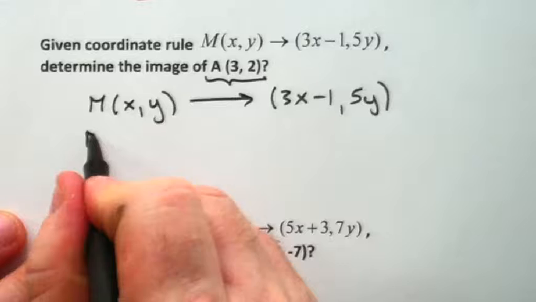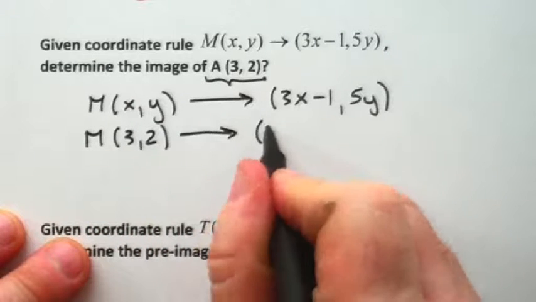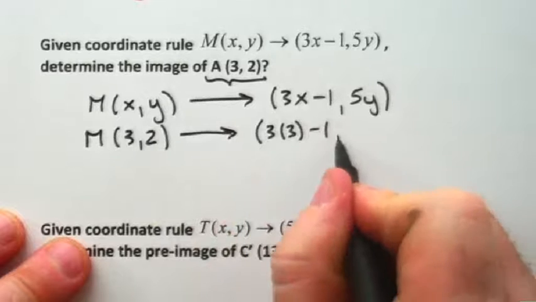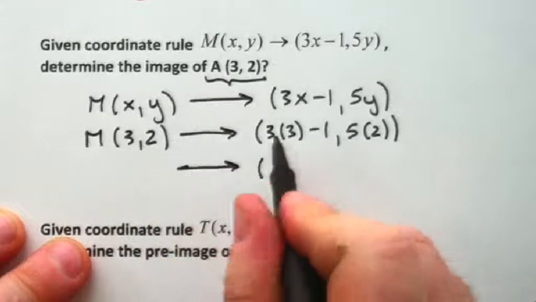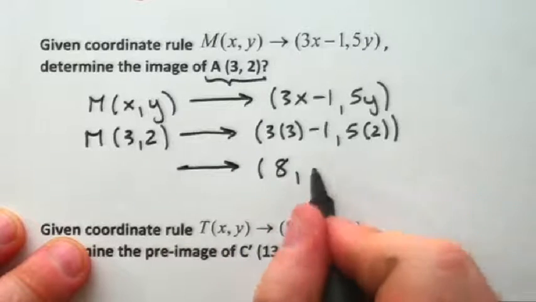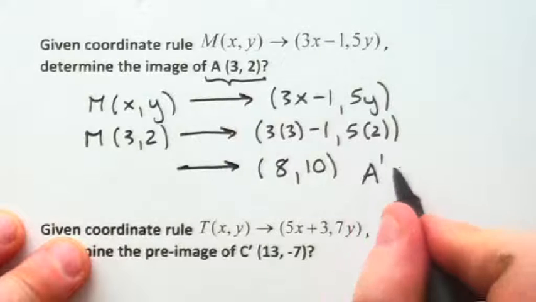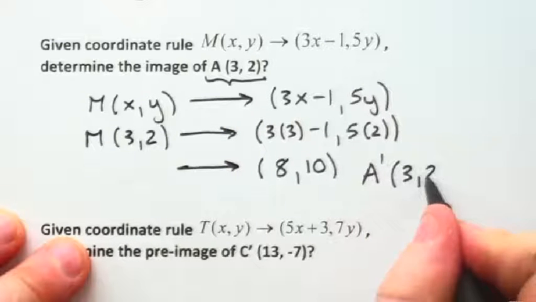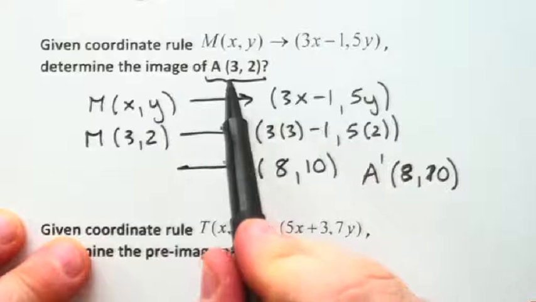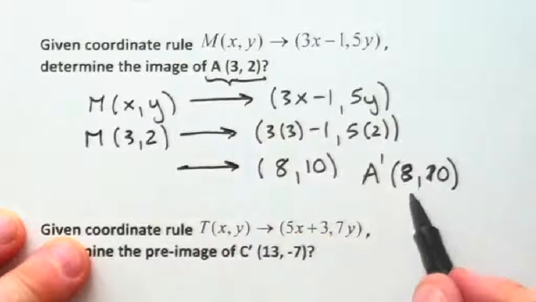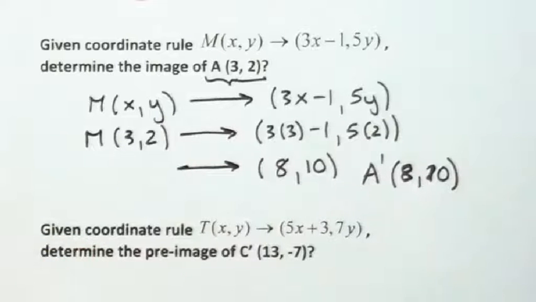And basically, we plug in our pre-image of (3, 2), and we solve for the image. We get 9 minus 1 is 8, 5 times 2 is 10. And so A prime, the image, is (8, 10). The pre-image is (3, 2), and the image is (8, 10).